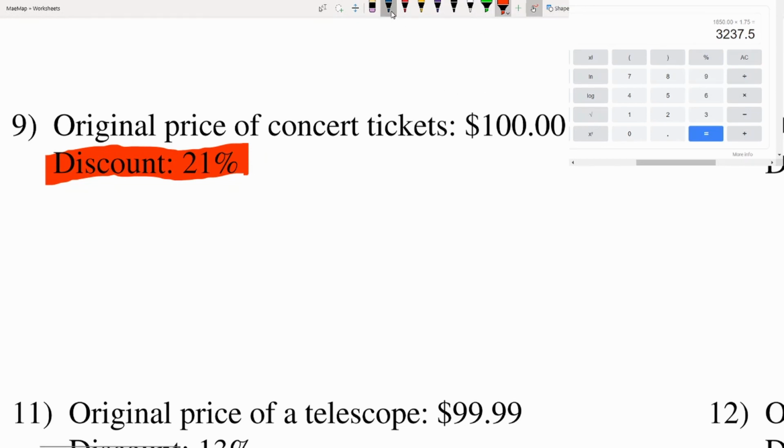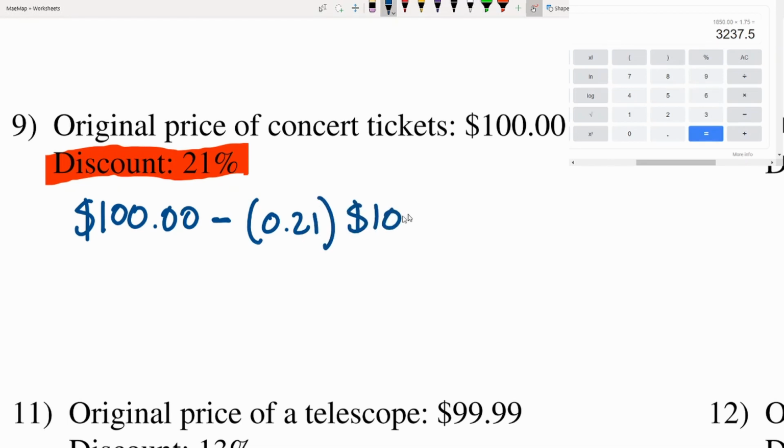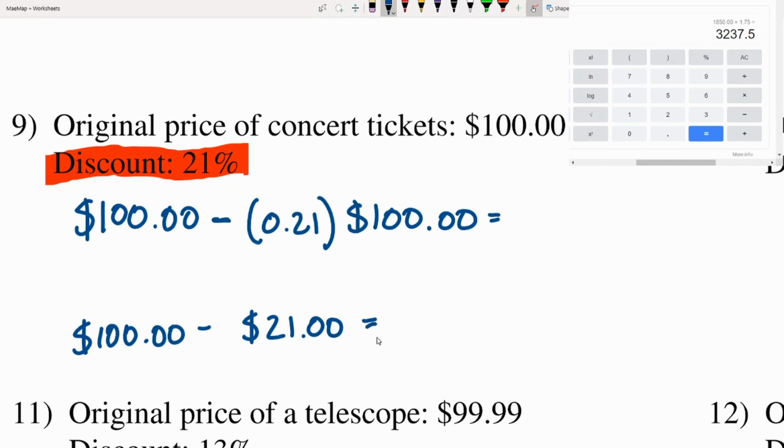So we're going to take $100 because that's our original starting purchase price, and we're going to subtract 0.21 of that original purchase price of $100. So this will equate to $100 minus, well, what's 21% of 100? That's an easy one to do in our head. That's going to be $21. So $100 minus $21 is going to leave us with $79.